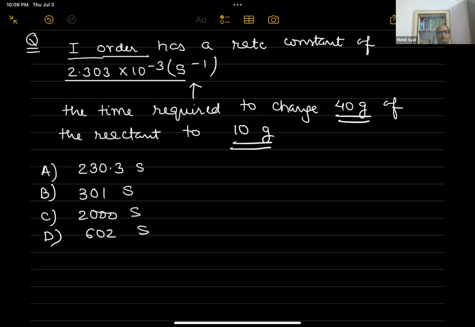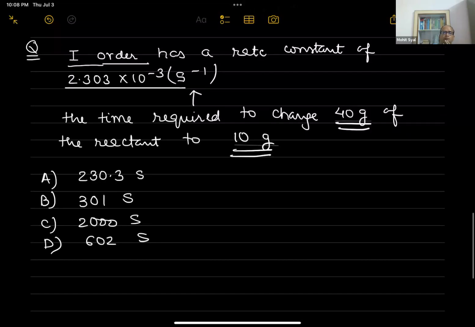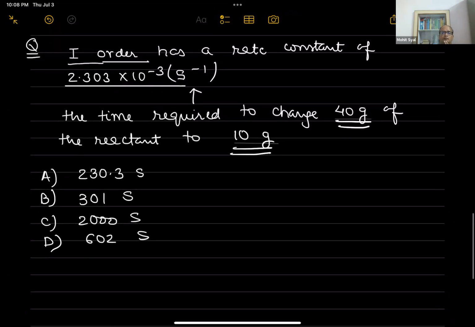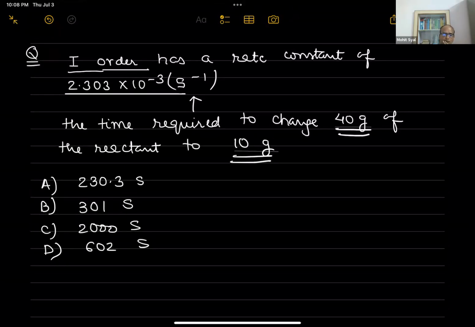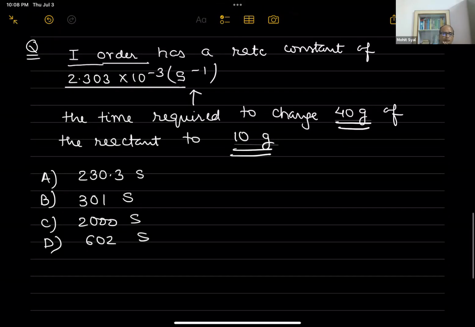We need to check. So what is going to be the answer?